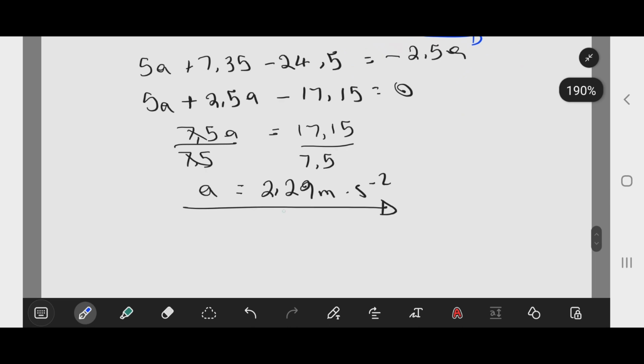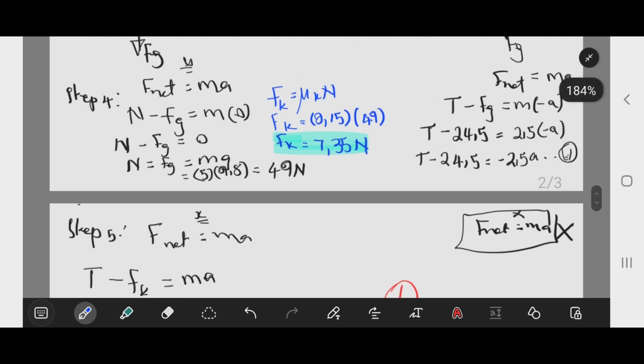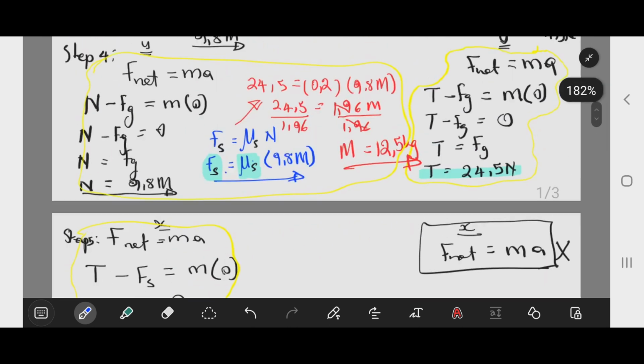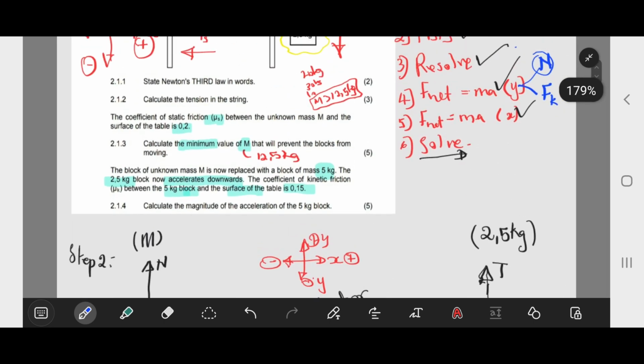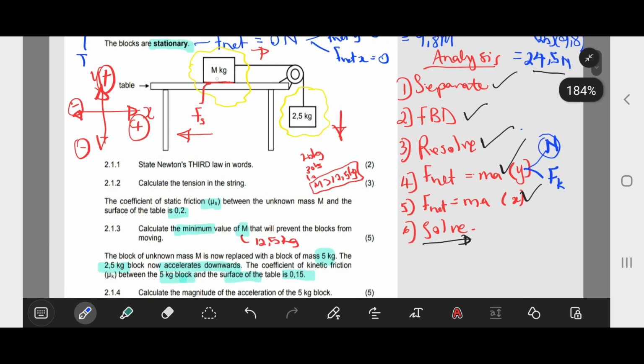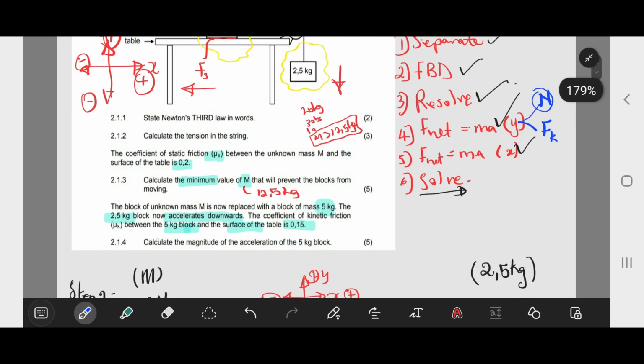So remember the acceleration of the 2.5 kg would be downwards, and the acceleration of the 5 kg would be to the right. Okay, so 2.1.4, the answer is also from analysis.